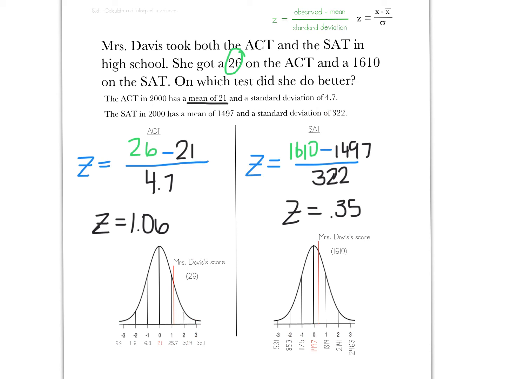So when I graphed my score of a 1610, I'm a little bit closer to the mean than halfway between the mean and 1 standard deviation, because I'm less than this 1819.